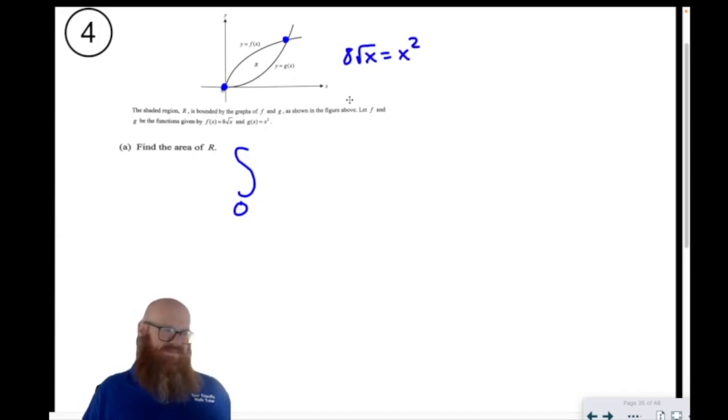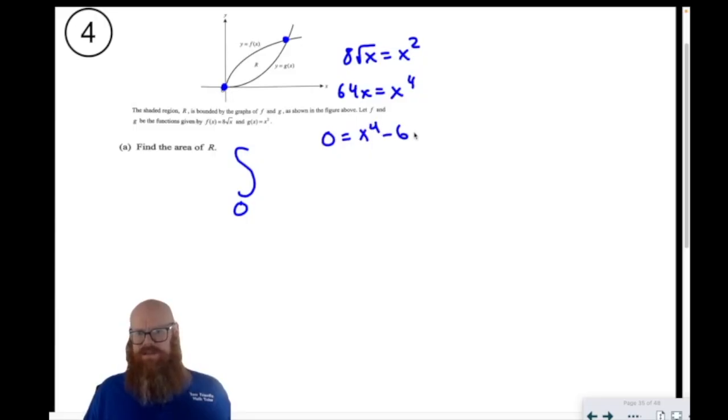I think I'll square both sides, so I'll get 64x equals x to the 4th. Bring everything to one side, so 0 equals x to the 4th minus 64x, and then factor out an x, and I get x times x cubed minus 64.